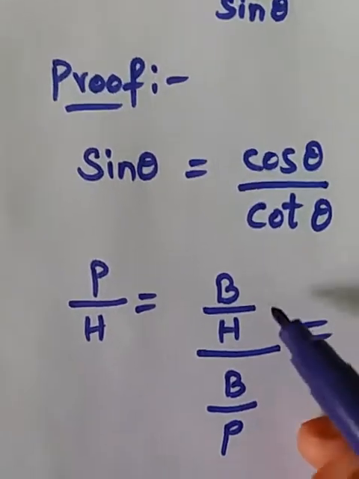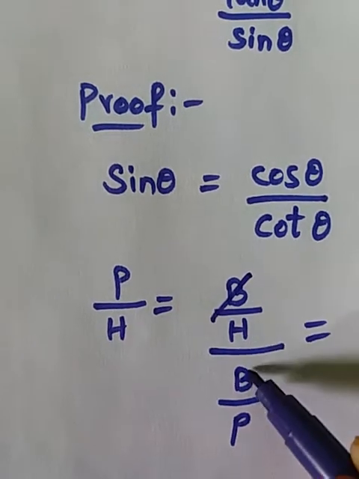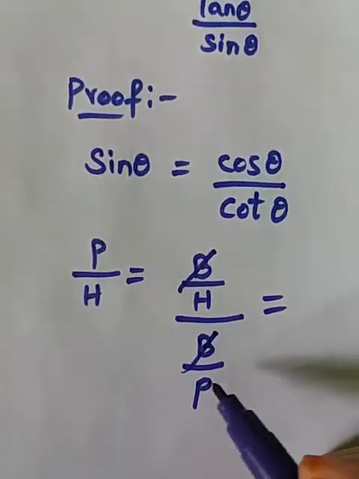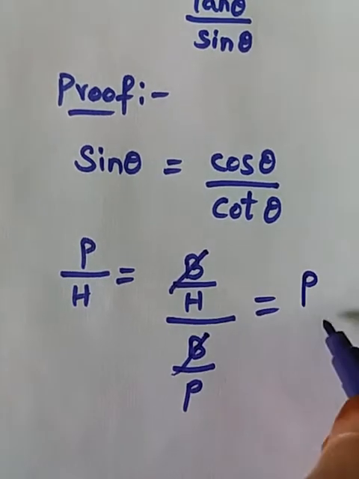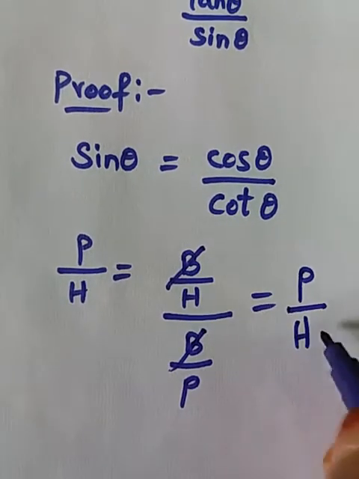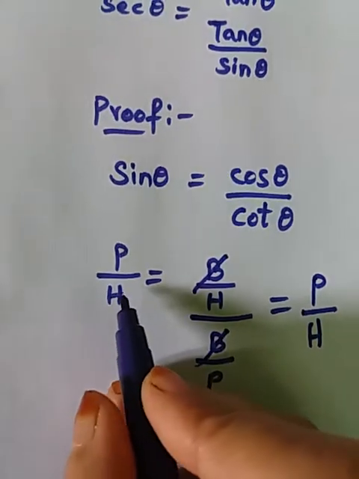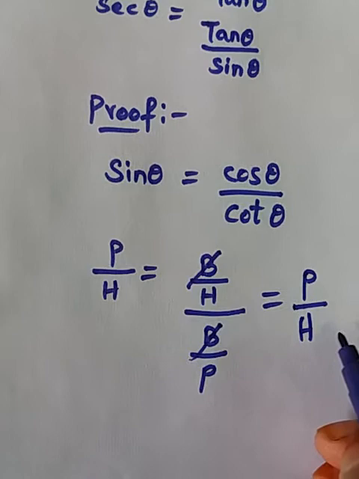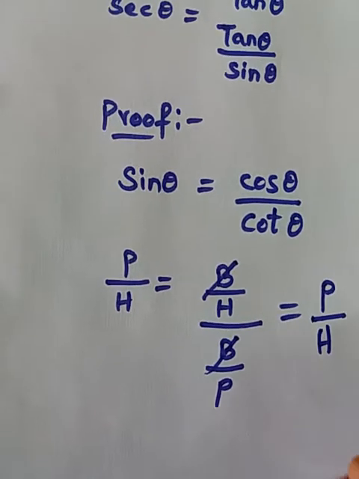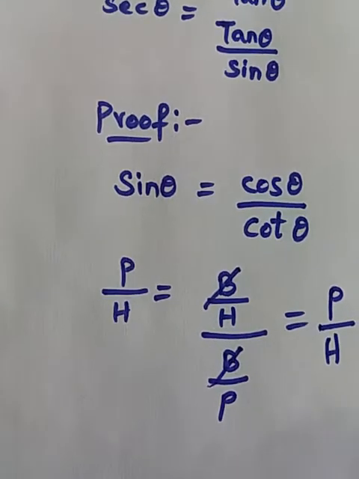Now as you know the rule, B and B will be cancelled. So this P will go up and the hypotenuse will be down. So P upon H, as you can see here, sin theta, P by H, we have got. Right? So that was the proof I have done. Hence I have proved it here.